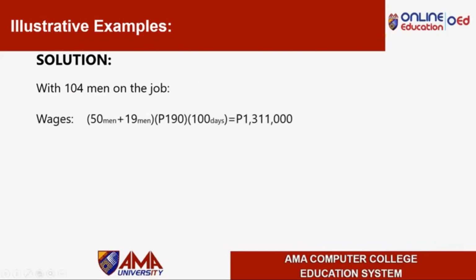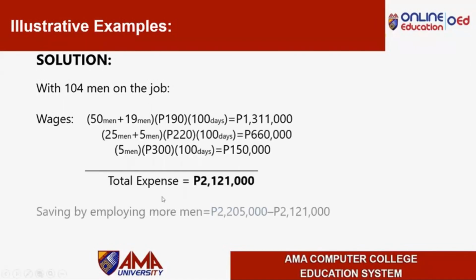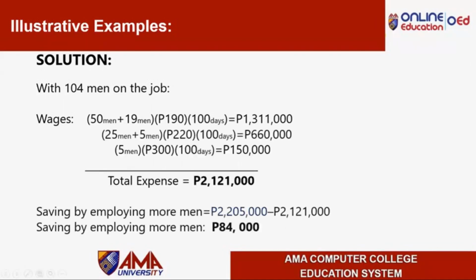So by having 104 men, we will be saving 84,000.